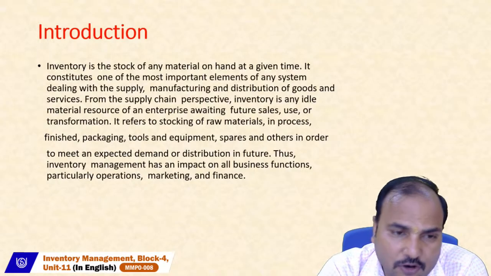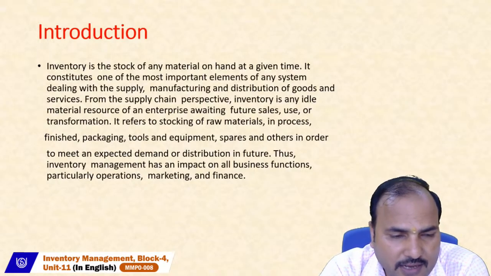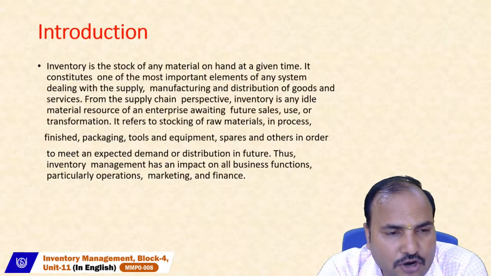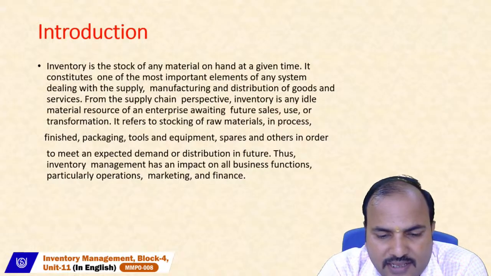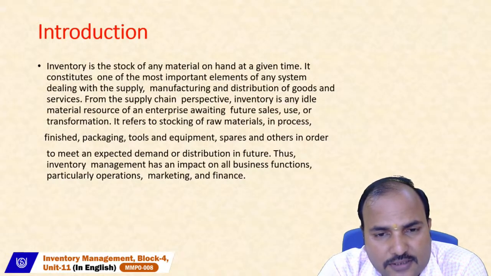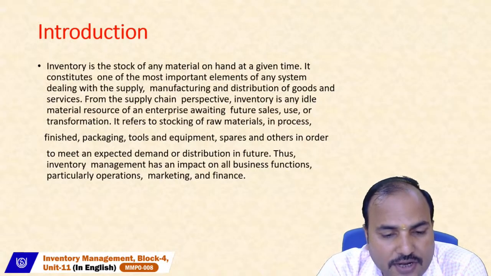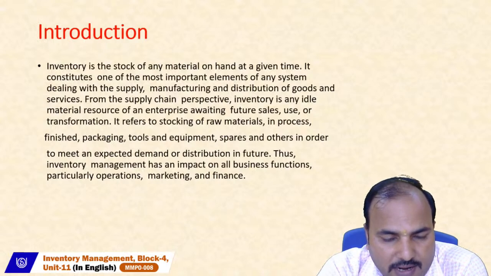There are different key components of inventory management. One is stock tracking. What is stock tracking? Monitoring the quantities of the products; we have to monitor the quantity of the products. Next is ordering. You have to know when to reorder the products. Another is warehousing.